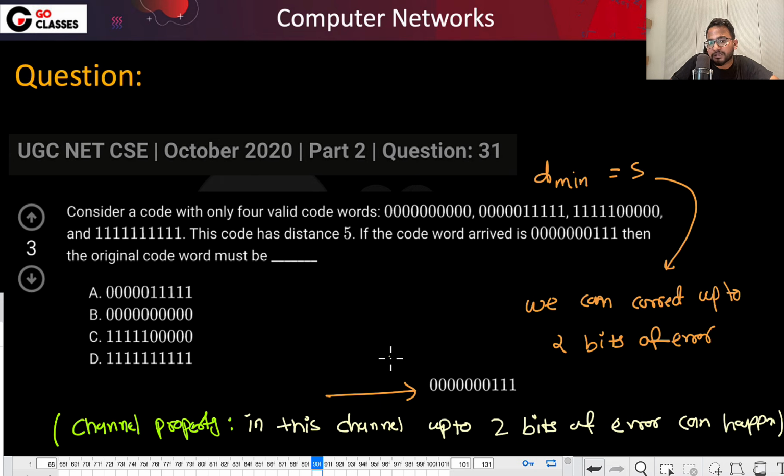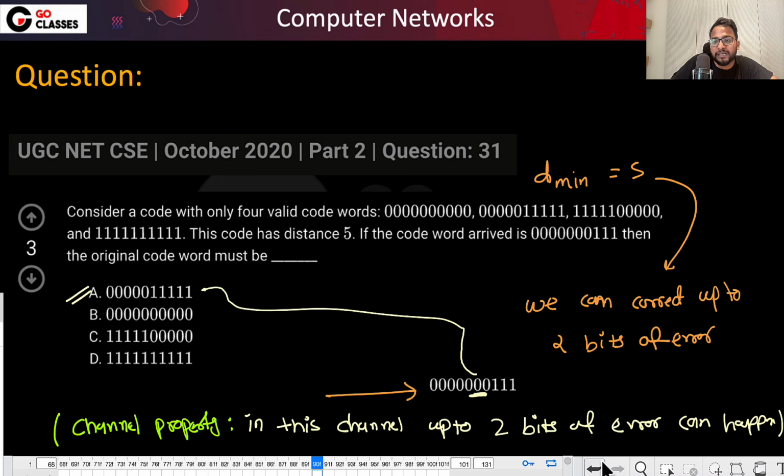Then you know that after up to 2 bits of error only, you should be getting this. So you can make these two as ones, and only the one corresponding valid code word will be there. A is the answer. Making 2 bits flip, you can get only A.